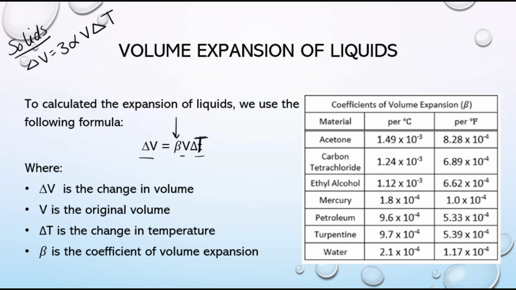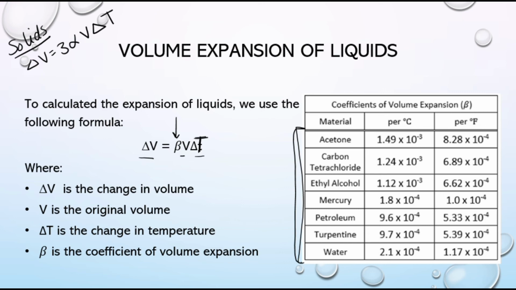Another dead giveaway is when you go to your formula sheet and try to use this formula incorrectly for a solid. When you look at the list of materials, these are all liquids, so good luck trying to use that for concrete or something like that. So keep it in mind and don't stick a 3 in this formula. It does not have the 3 like the solid formula does.